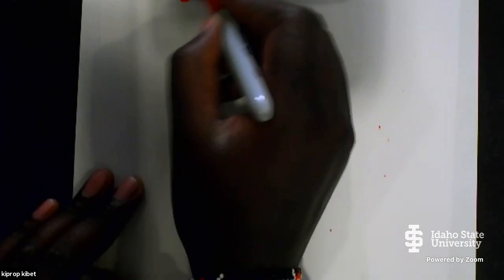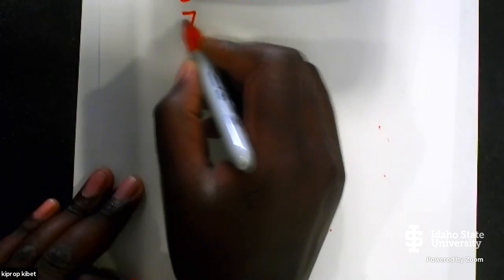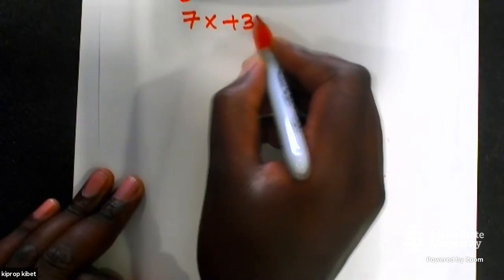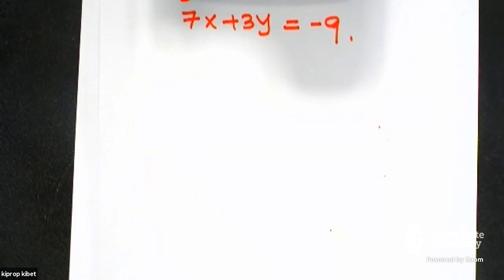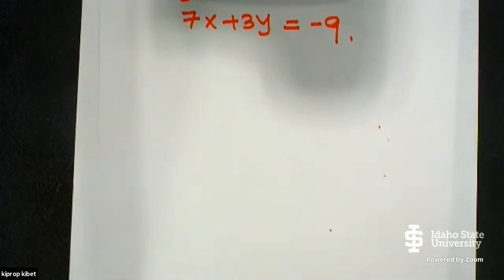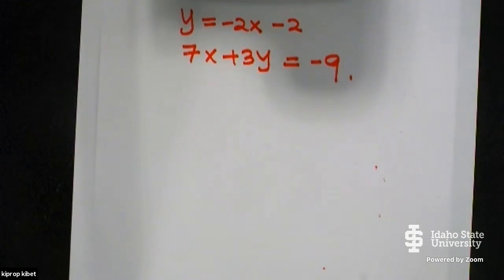Okay, another one. Y equals minus 2x minus 2. Then 7x plus 3y equals to minus 9. You can try that. Y equals to minus 2x minus 2, then 7x plus 3y equals to minus 9.